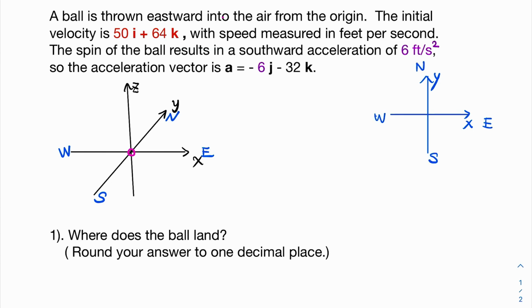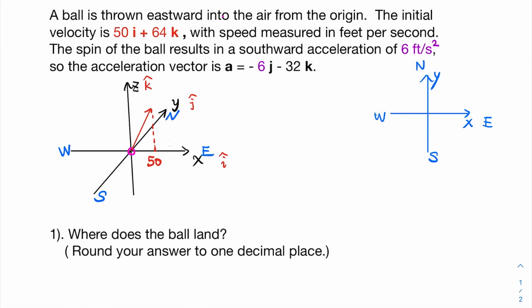The initial velocity is 50i plus 64k. This is the i direction. This is the j direction. This is the k direction. So 50i plus 64k. So it's 50 in the x direction and 64 in the z direction.